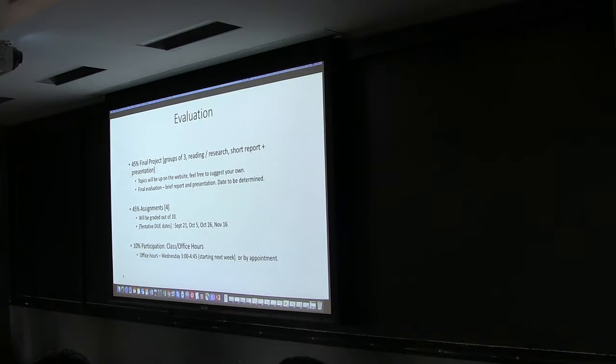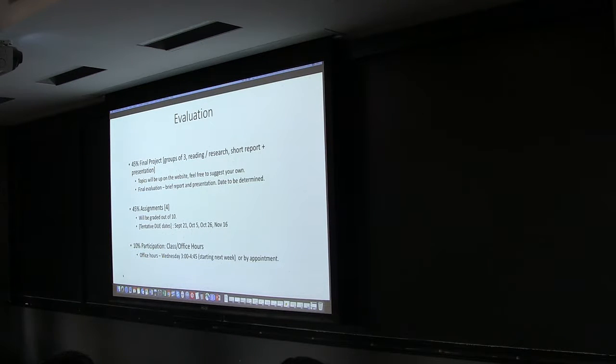But we'll worry about that later. So roughly groups of 3. This should be a reading project, and I'll put up a set of topics. It would be really great if it was also a research topic that you could come up with, something where you end up with a research question that maybe you don't quite answer, but at least you start making some progress. I'll put up some topics, but if you want to come up with topics of your own, that would be great. Just come by and talk to me about it before you actually start work.